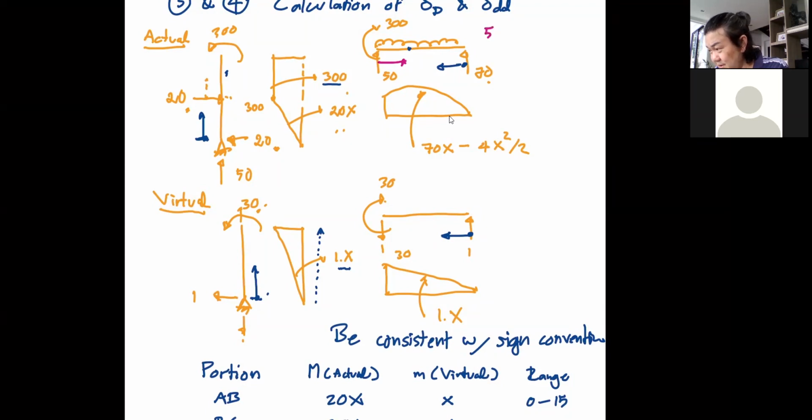Oh, that's 300, not 50, right? 300 plus 50x minus the uniform load 4x squared over 2, and this will be 30 minus x.